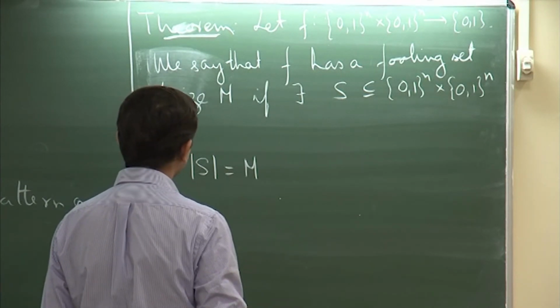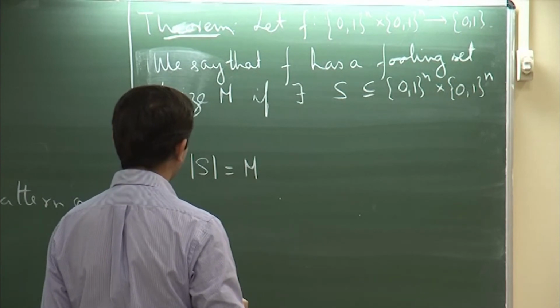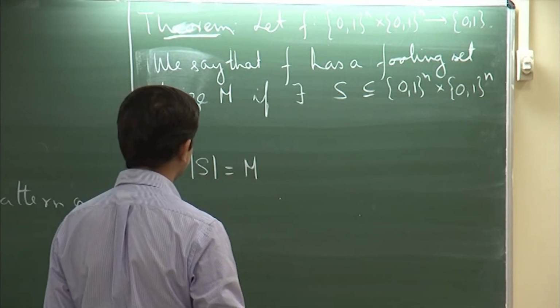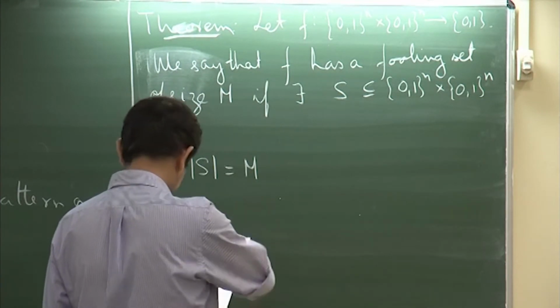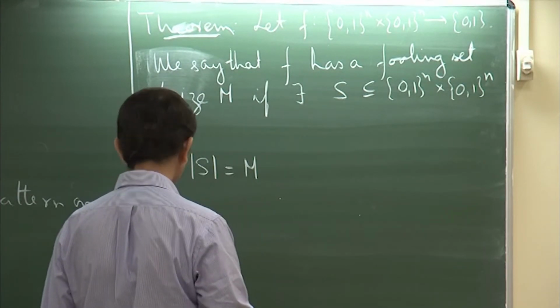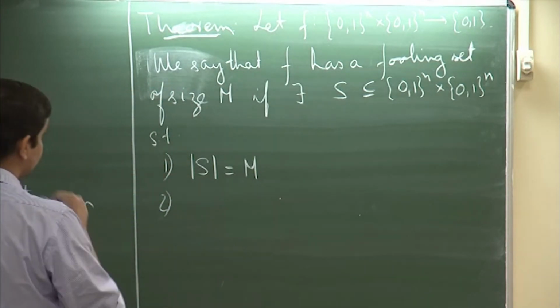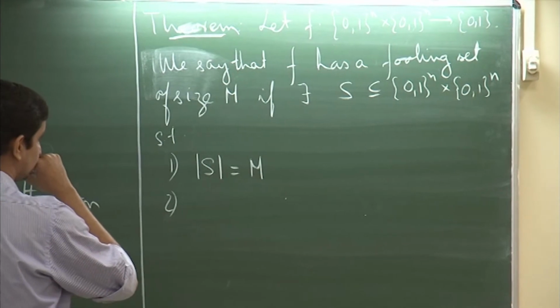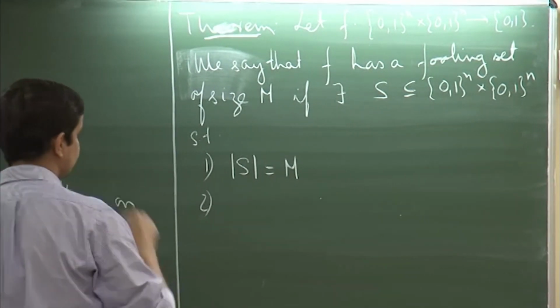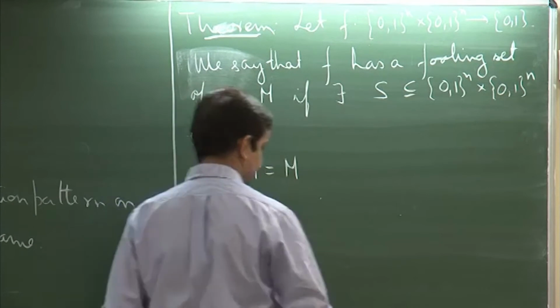What is the second thing that we want? That on all points in S, f should have the same value, for some bit b. So, let me just put this here.